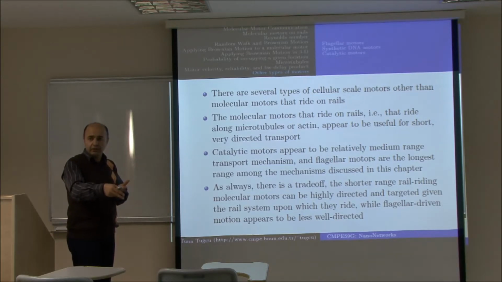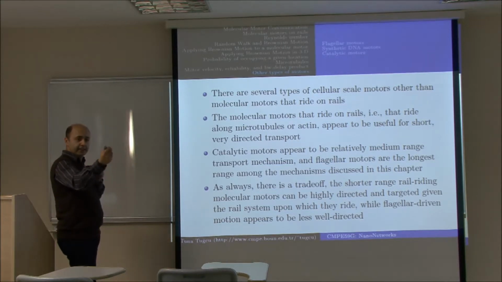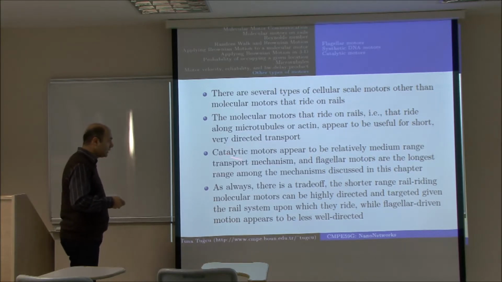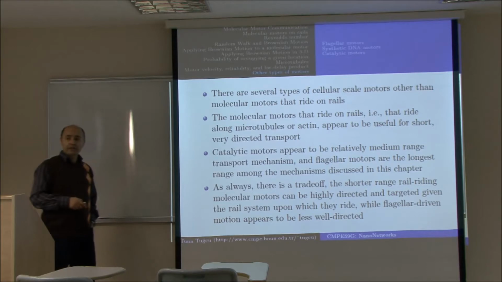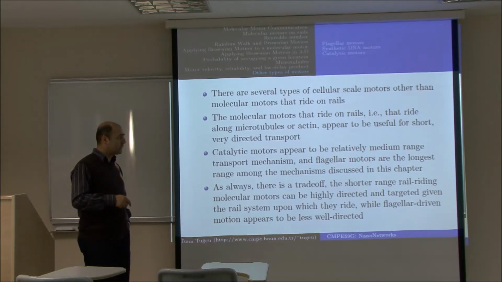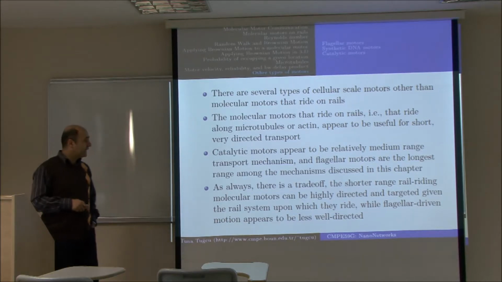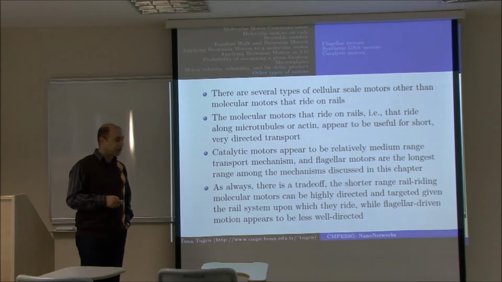So it's really directed. Or in the case of actin, the other end of the actin filament is at another location. But there are also catalytic motors that appear to be relatively medium range compared to the molecular motors. And also there are the flagellar motors that are the longest range communication mechanism using the molecular motors.